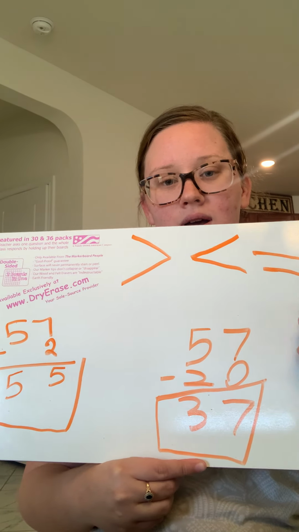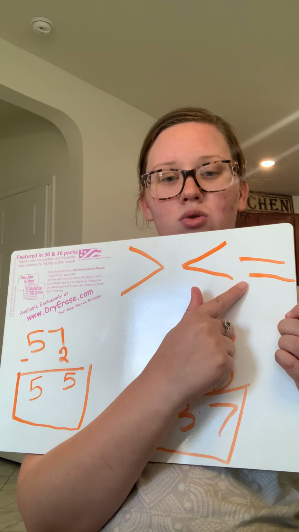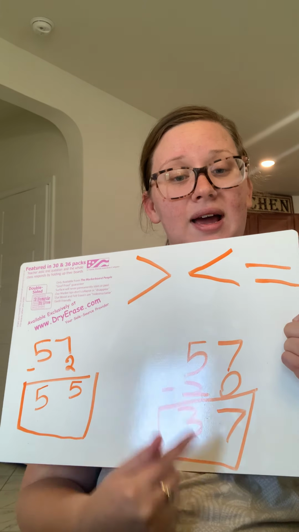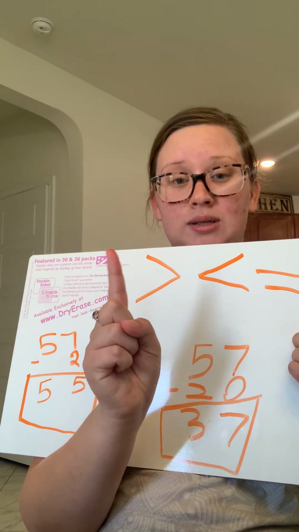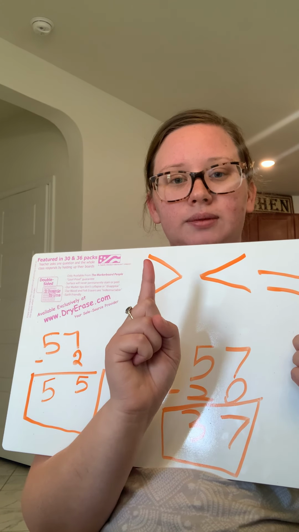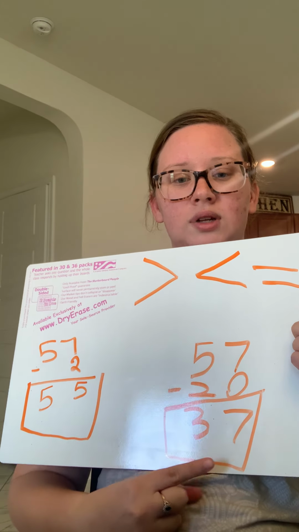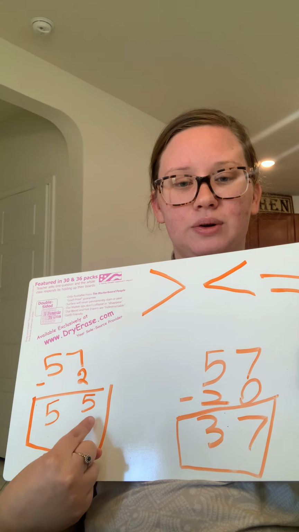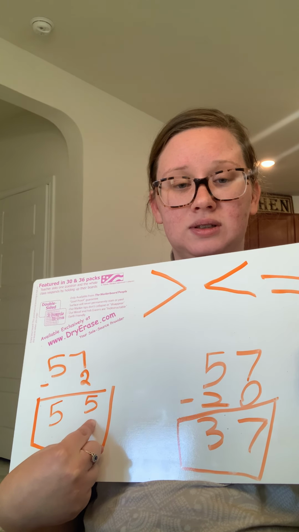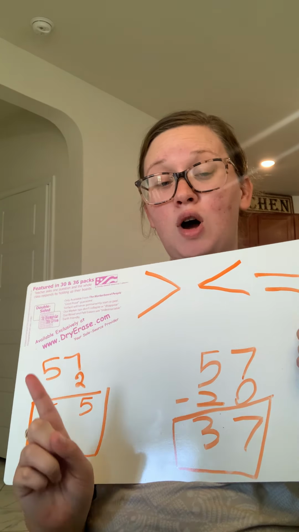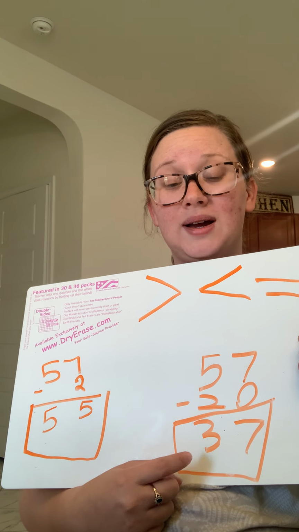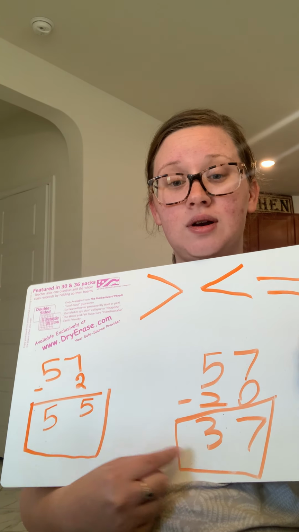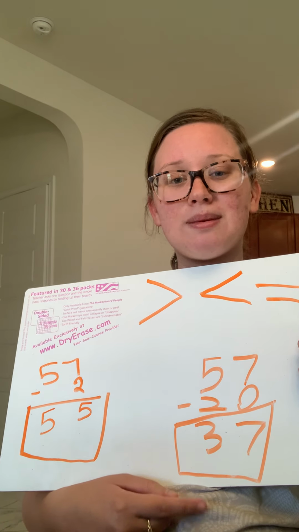In order to determine if it's equal, less than, or greater than, I have to start by looking at my ones place. But here's the tricky part. This 7 is bigger than this 5. So then I have to move on to my tens place. 30 or 50, which one's bigger?